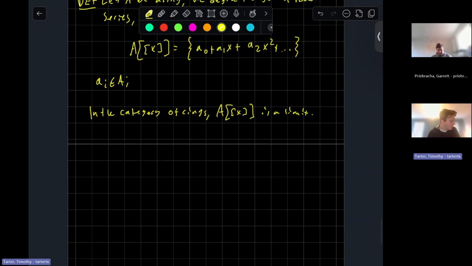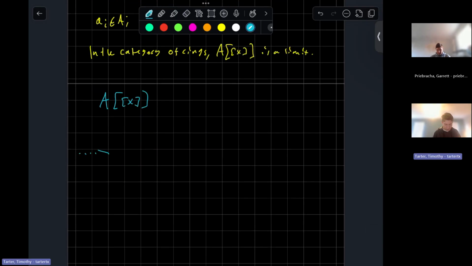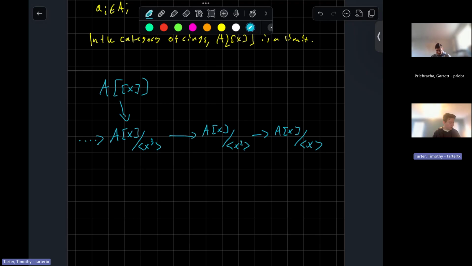What that limit looks like is if you have your polynomial ring quotient the ideal generated by so and so, into the polynomial ring quotient the ideal generated by x squared, into the polynomial ring quotient x, then you have morphisms into each of these things from A[x].